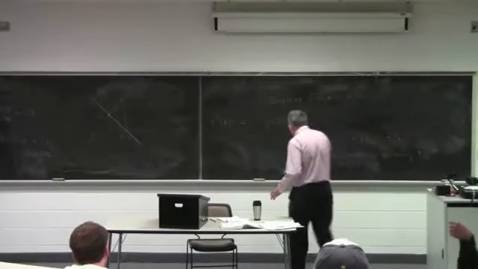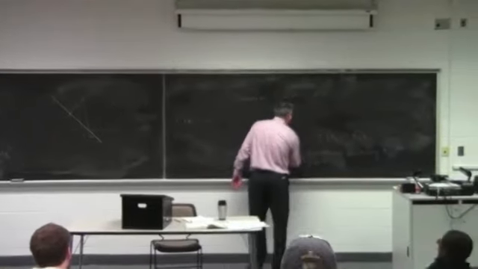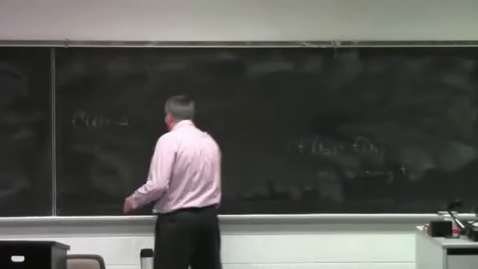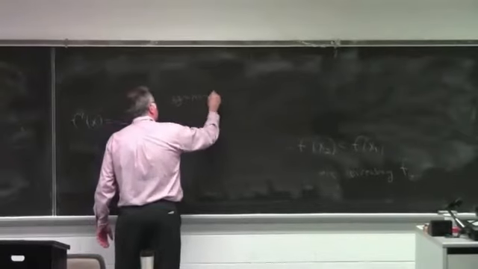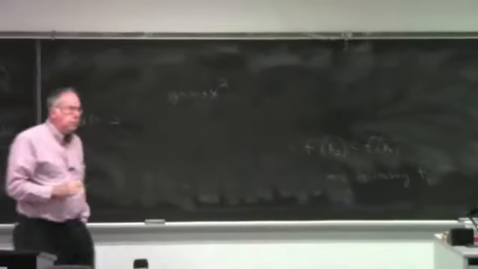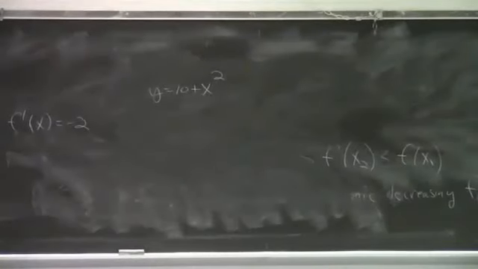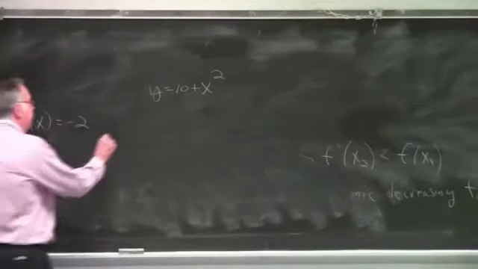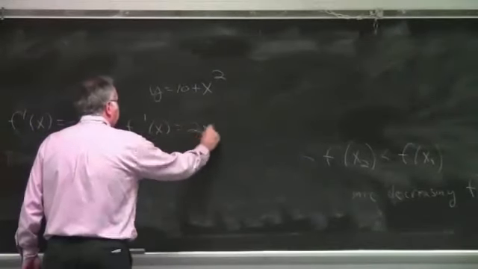What about this function right here, the one we did in class? Is this a monotonic function? It's not monotonic. Because in this case, the first derivative is equal to 2x.